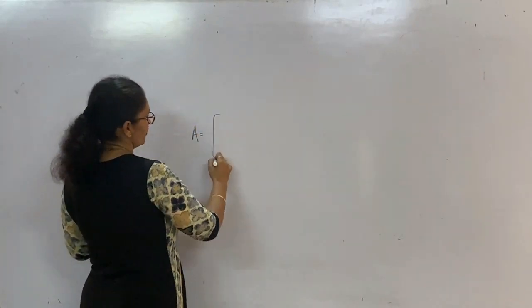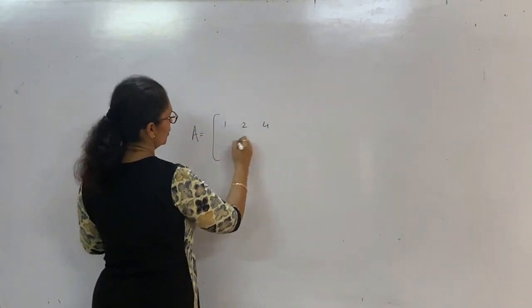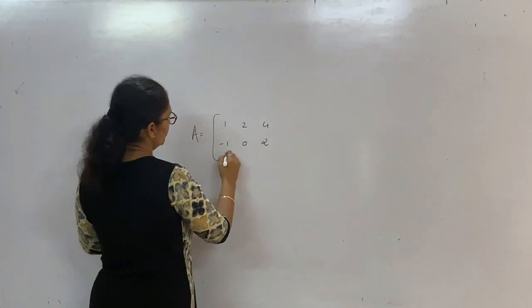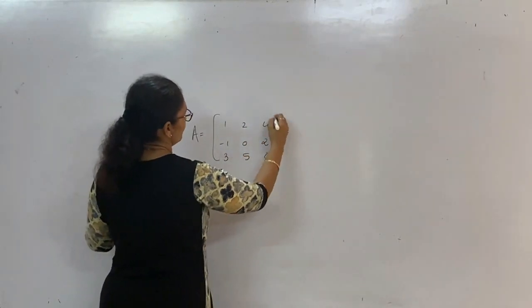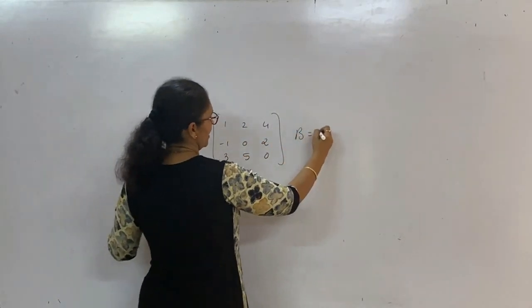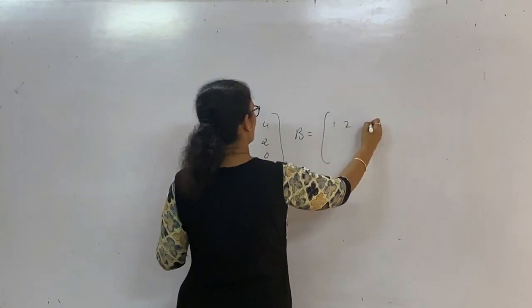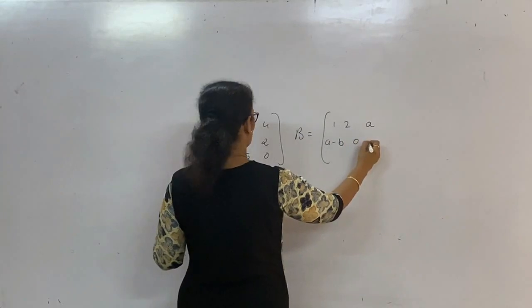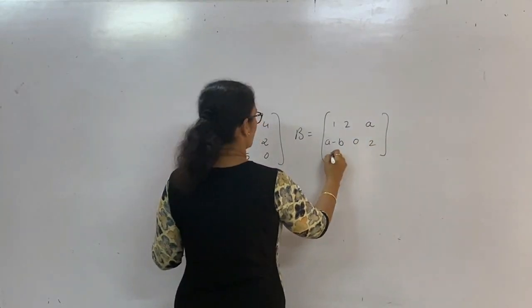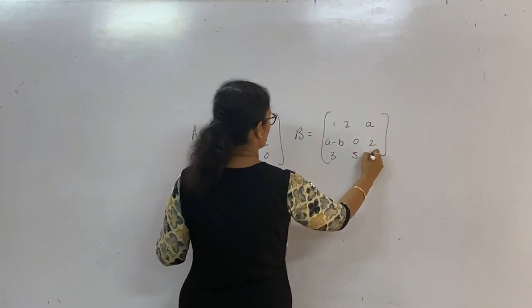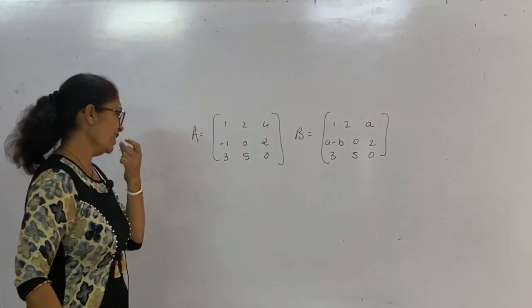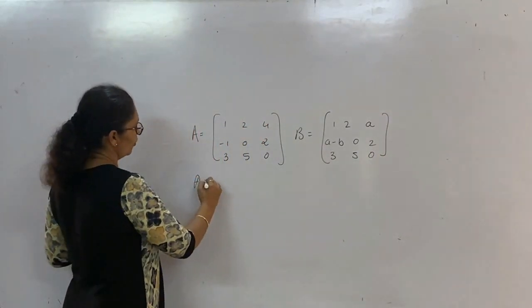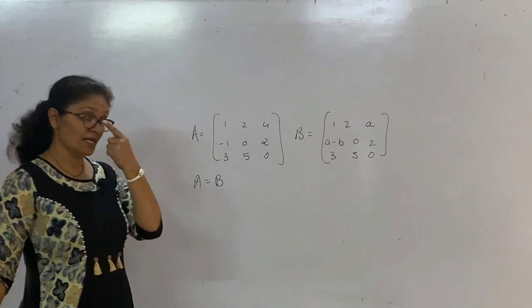Let's take one matrix 1, 2, 4, minus 1, 0, 2 and 3, 5, 0. Now the second matrix I write 1, 2, A minus B, 0, 2, 3, 5, 0. Now suppose the question says that both the matrices A and B are the same.